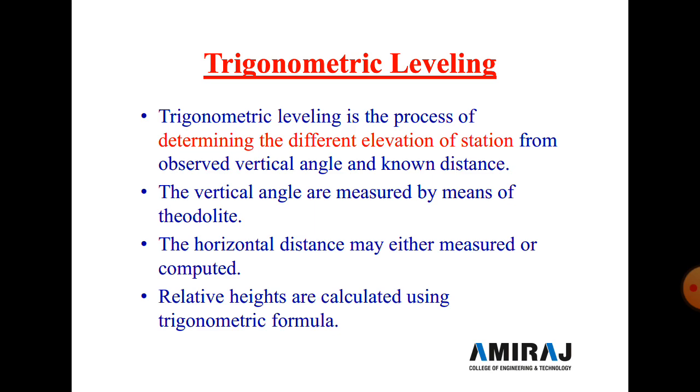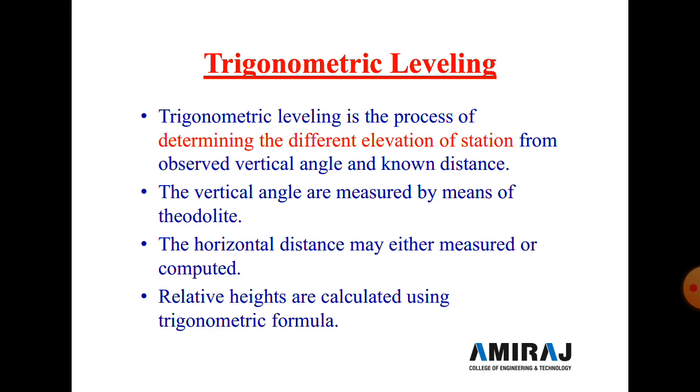This means that we measure the distance by measuring tape or chain, or we calculate the horizontal distance by using different mathematical formulas. Now relative heights are calculated using trigonometric formulas.